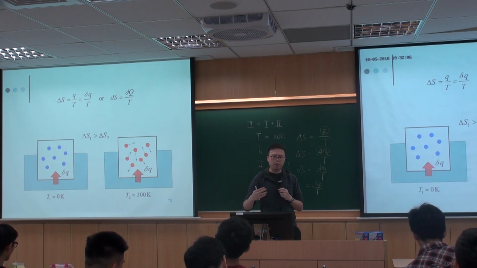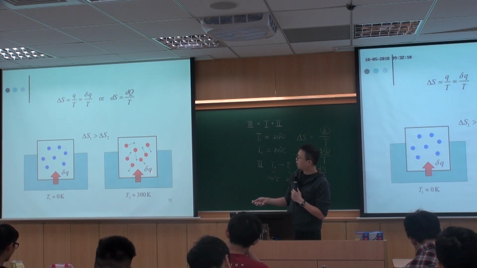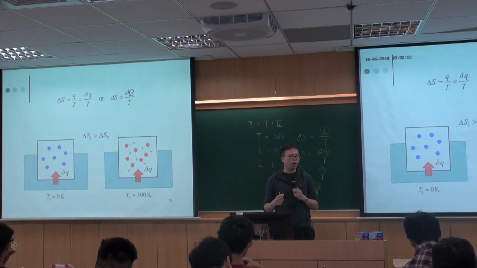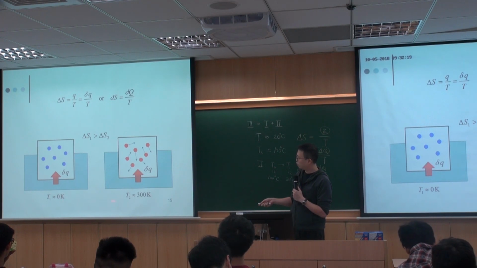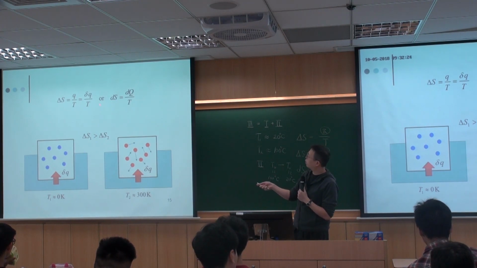So by adding the same amount of heat into the system, there's no big change on the right-hand side, but there's a huge change in terms of randomness for the left-hand side system. And again, this is at a lower temperature, this is at a higher temperature. So this is consistent with what we define over here.